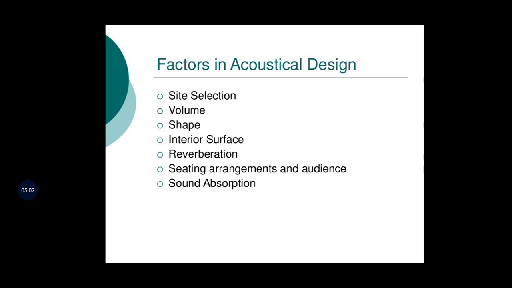In selecting a site for a building which deserves acoustical design and treatment, noises prevailing or foreseeable in that area should be considered for their effect on the acoustical conditions in the building. It is particularly necessary to keep the level of outdoor noise low by proper orientation of the site.